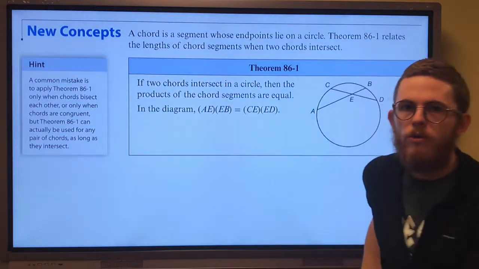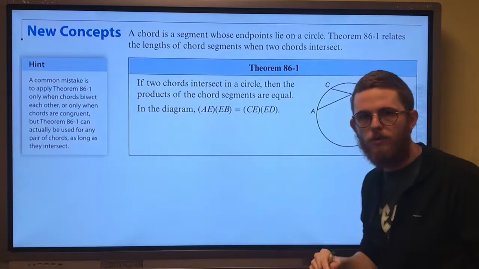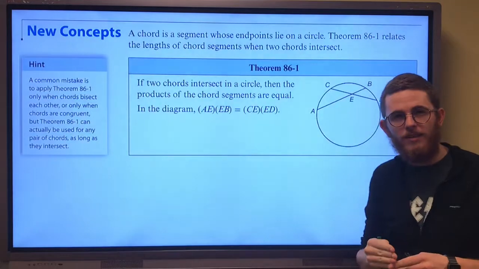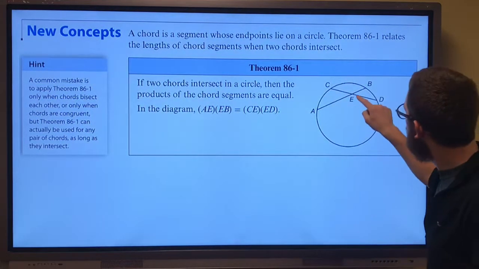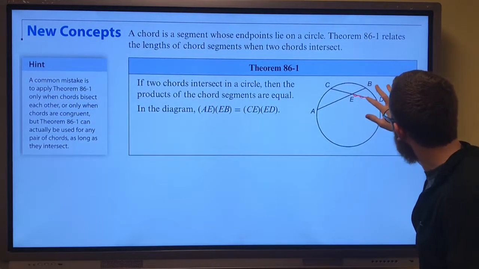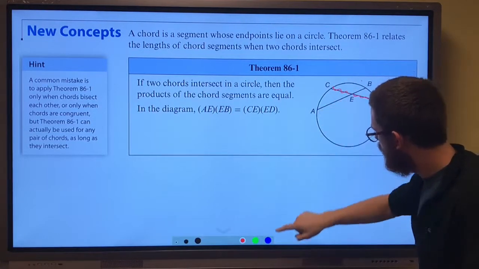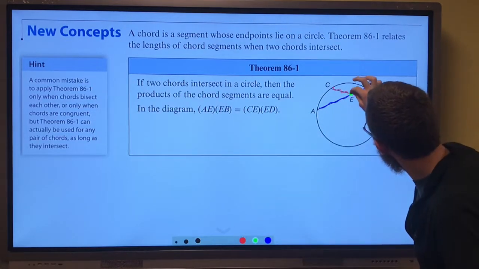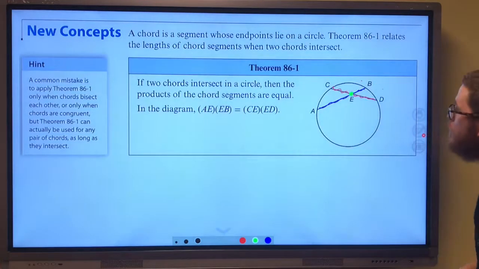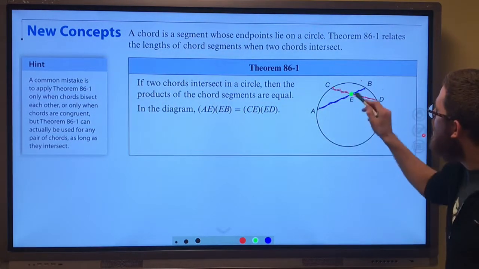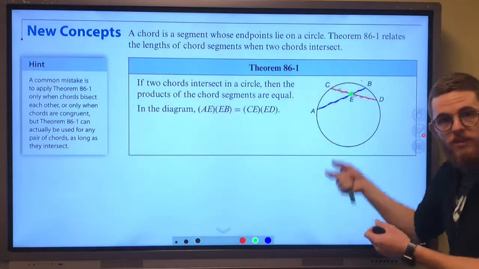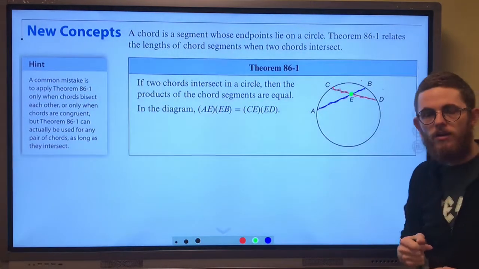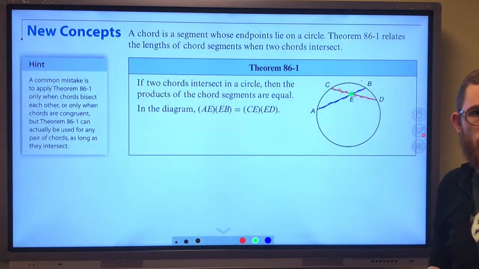Well, when it comes to chords on our circle, they actually do have a relationship. When two chords are intersecting in our circle, and we see the segments that they have been broken up into, notice AE times EB, the two pieces of one chord multiplied, is going to equal the product of the pieces of the other chord multiplied.